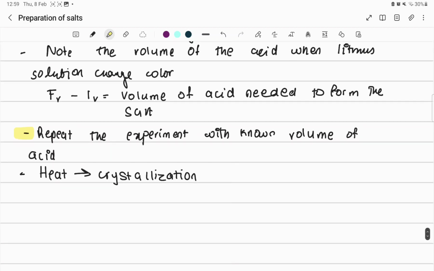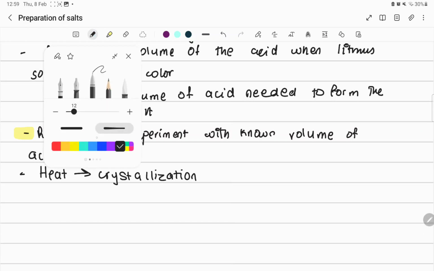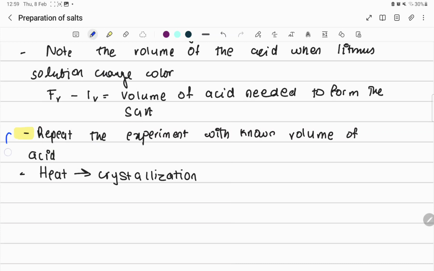Instead of repeating the experiment, what you could do is add charcoal to the solution.